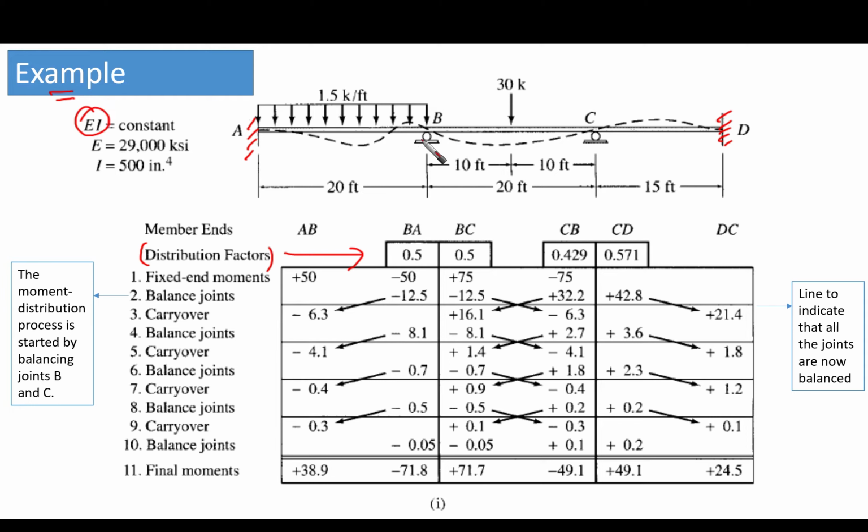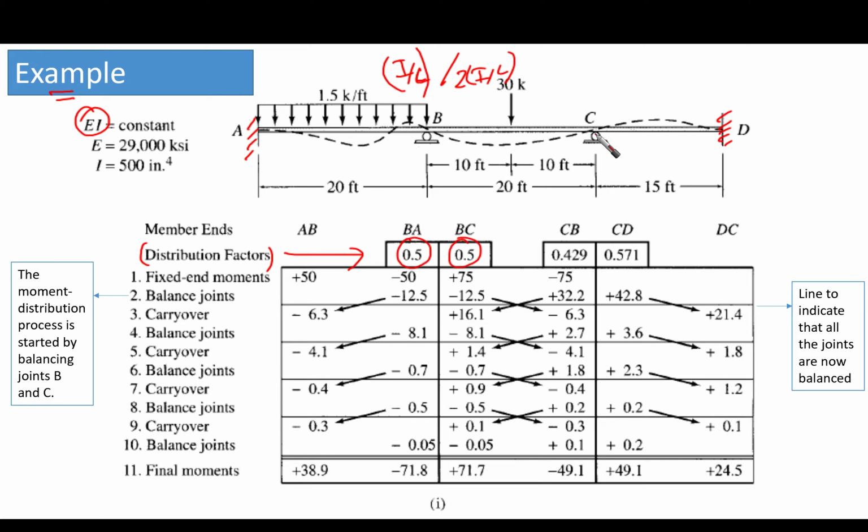Then the distribution factor is going to be I over L, because the far end is fixed here and here also. So I over L over all the relative stiffnesses framing into this point, which is 2I over L. So we are going to have 0.5 here and 0.5 here, from the left and from the right.